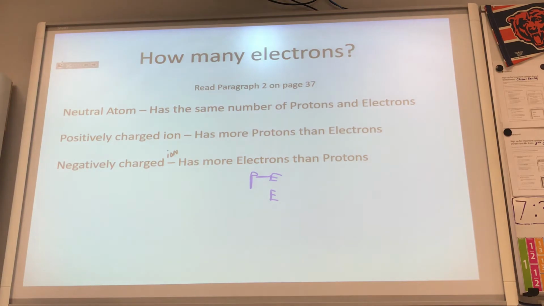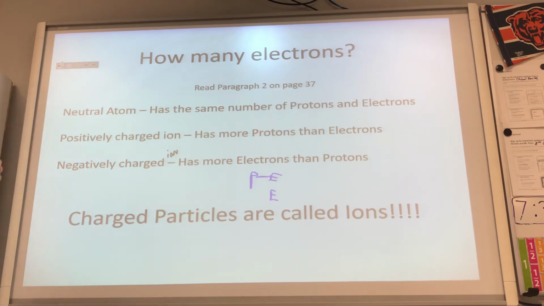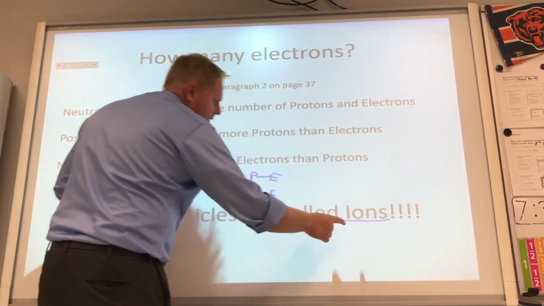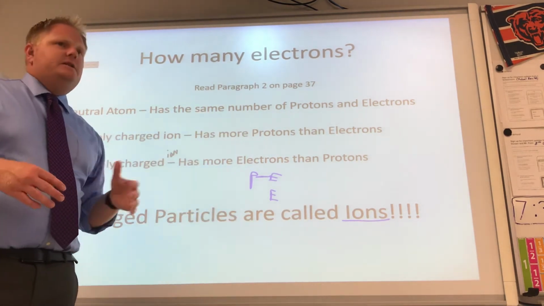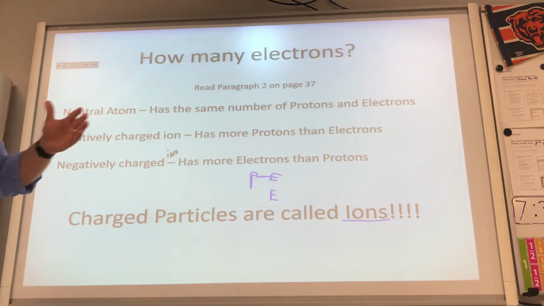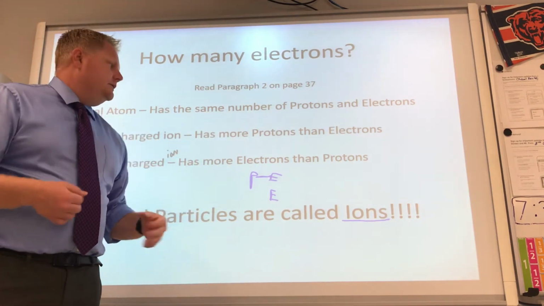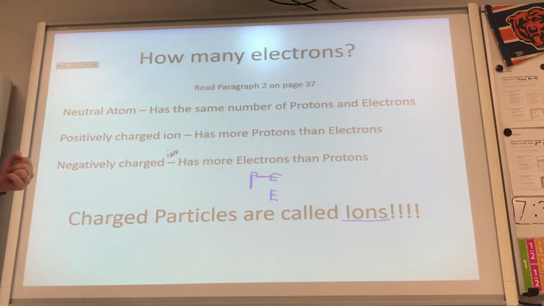Okay? Negatively charged ion. Charged particles are called ions. If their number of protons and electrons is different, they're a charged particle, an ion. More protons mean positive ion. More electrons mean negative ion. Okay?